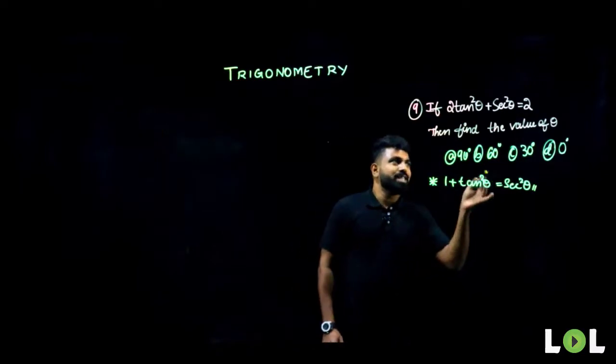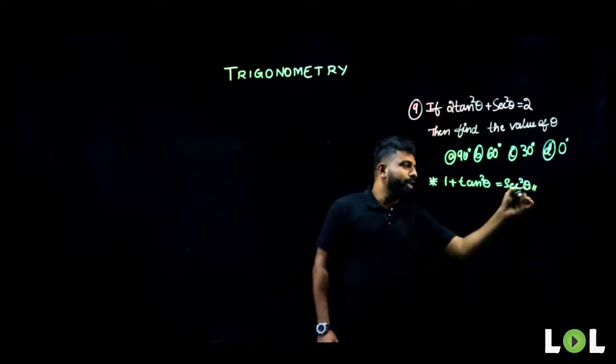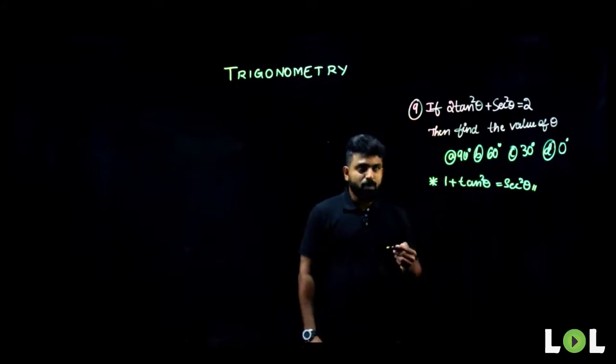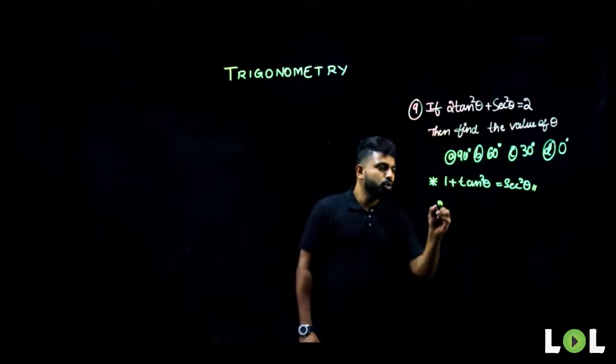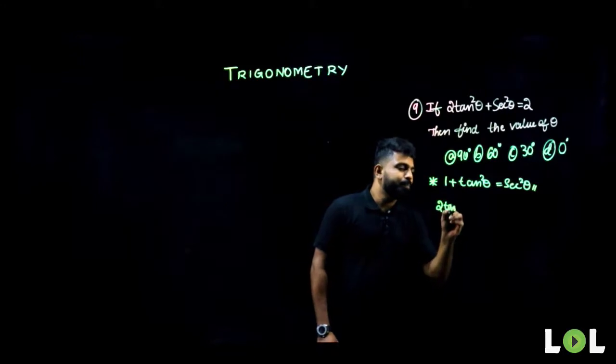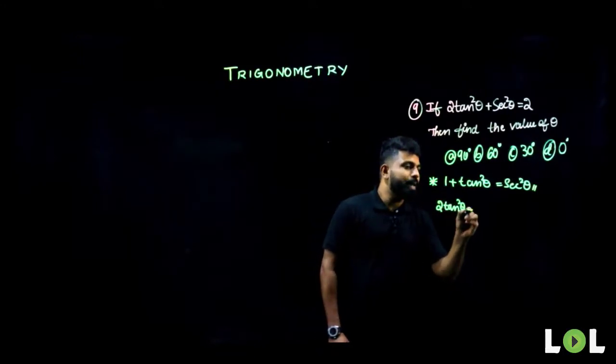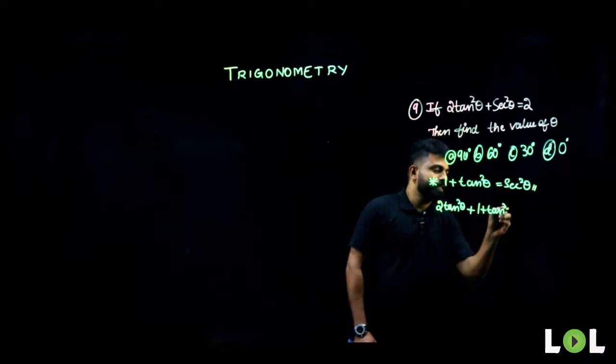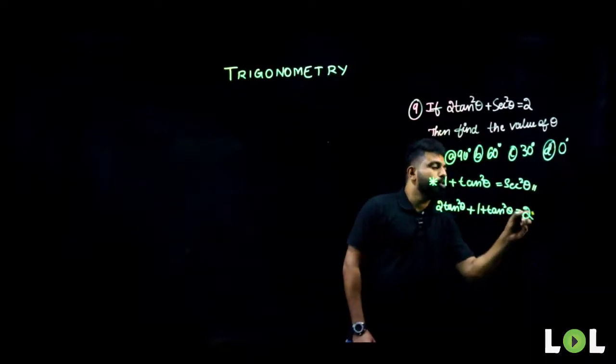So we'll be using the same identity here. We'll replace secant square theta by 1 plus tan square theta. So what will I be left with? 2 tan square theta plus 1 plus tan square theta will be equal to 2.